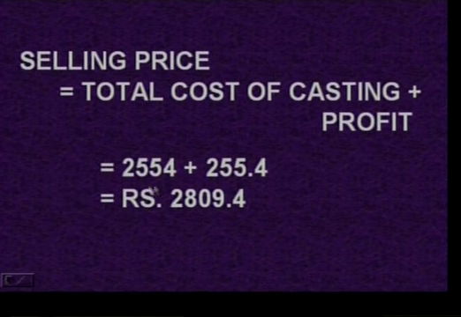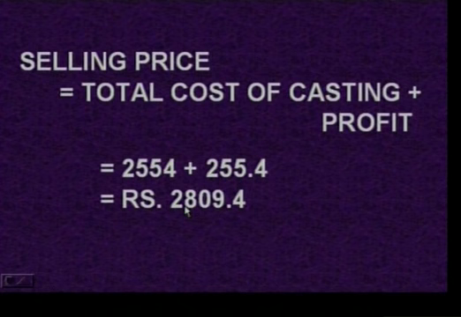The total cost of casting is 2554 and profit is 255.4. By adding these two, the value becomes 2809.4 rupees. Now, in this problem, we have calculated selling price.